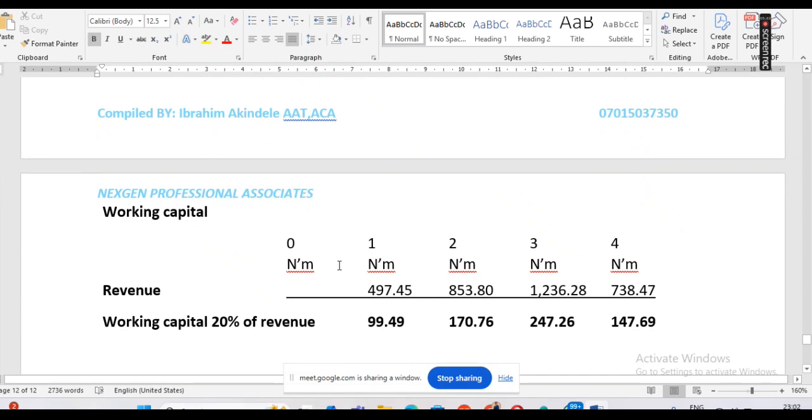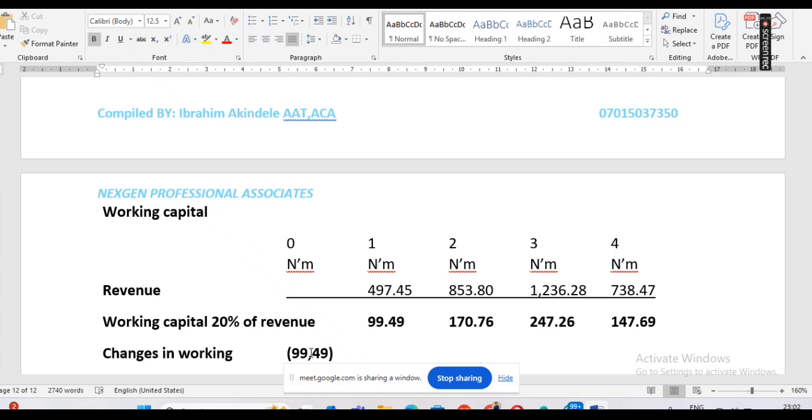So in this case now, we need to change. Usually we will now say changes in working capital. Please also refer back to capital budget where we did the same thing as this, right? So the changes in working capital, you start from year zero. In year zero, there's nothing there, right? So you will say 0 minus 99.49. So in this place, you have 99.49 as your year zero.